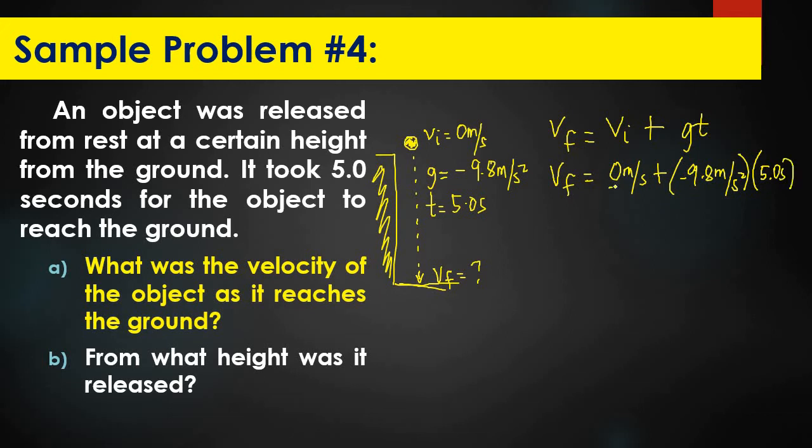So 0, omit. Negative 9.8 times 5.0 is negative 49. 49 meters per second, because seconds squared and seconds cancel. So this will be our final velocity.